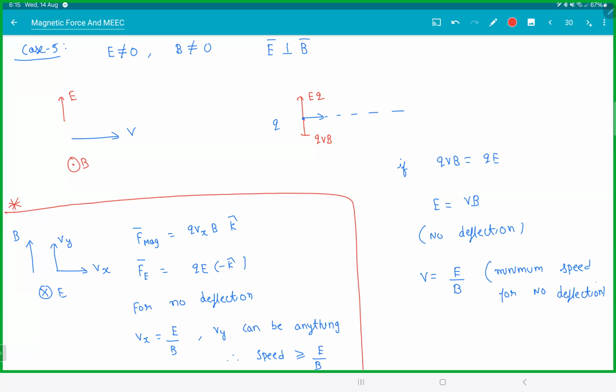They'll ask like this: there is no deflection, the speed is E by B. Can you have 2E by B and still it does not deflect? Yes, it's possible.